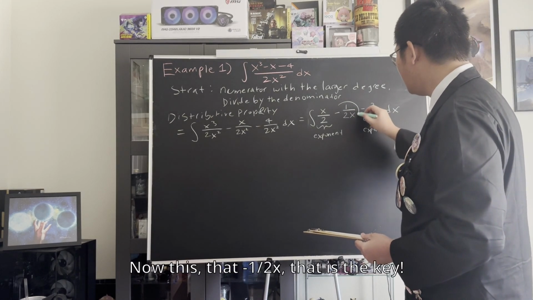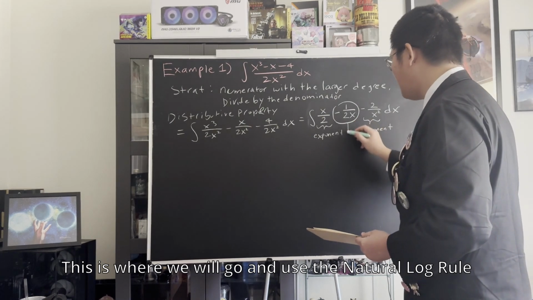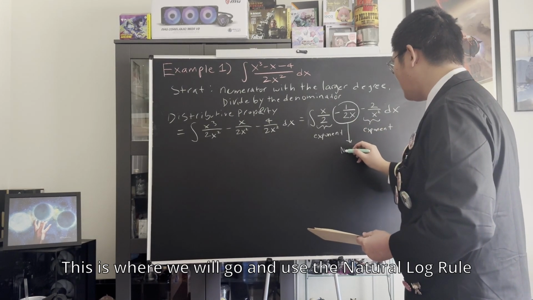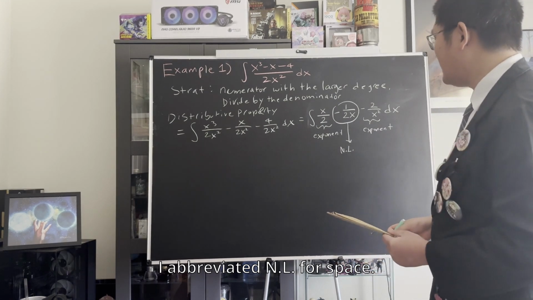Now that 1 over 2x, that is the key. This is where we will use the natural log rule, abbreviated NL for space.